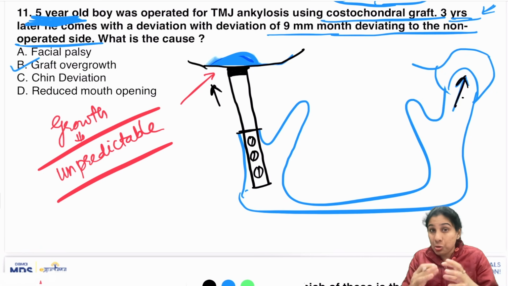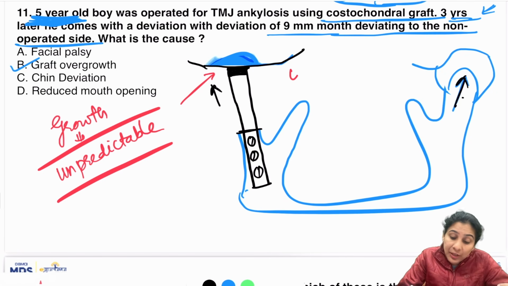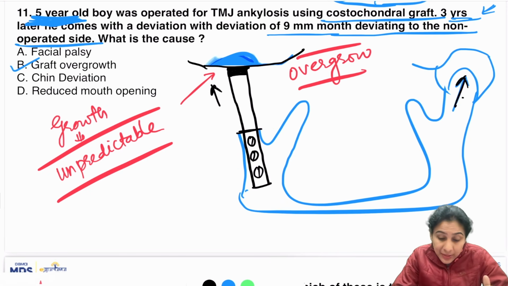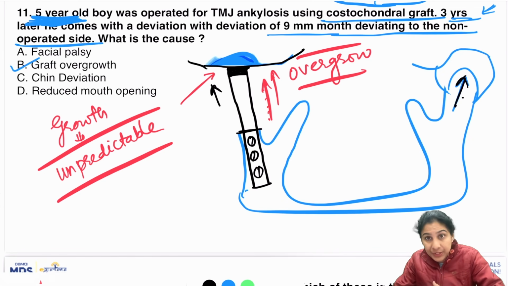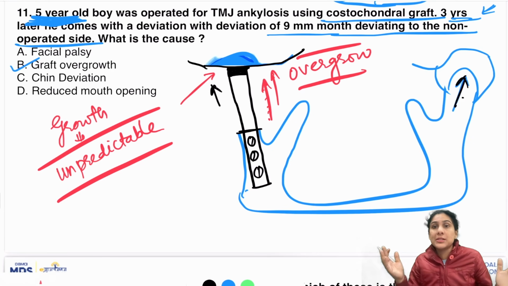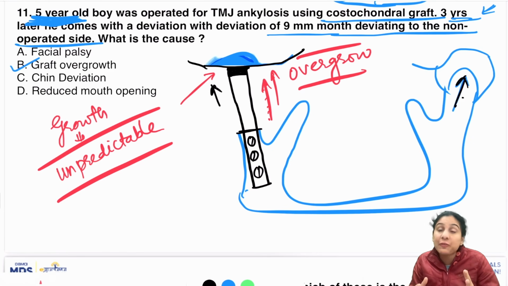If the child is not so lucky, it will undergrow, or more commonly, it will overgrow. Sometimes it will overgrow. Alright. So what will happen? If this side is overgrowing, growing longer and longer as compared to the other side, in the long term, it will not happen over 3 months or 4 months. It will take time, 3 to 4 months, 6 months. So it will take time for the graft to adapt to the new situation, right?